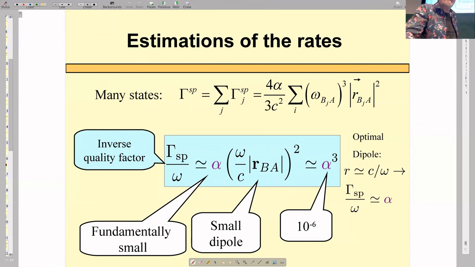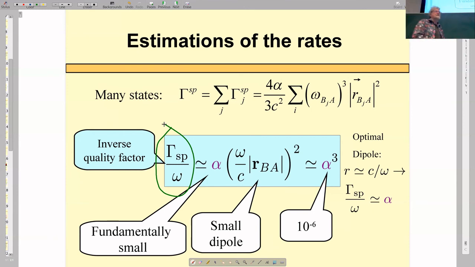Let us make the ratio of the rate to the energy or frequency of the photon emitted. The idea is that we have some oscillator of this frequency and that emits, right? So it's a quality factor of the atom. In other words, it's how many cycles an atom would do in the excited state. How long will it live in the excited state?